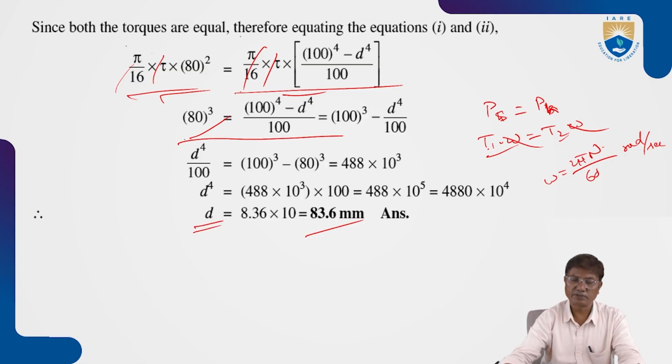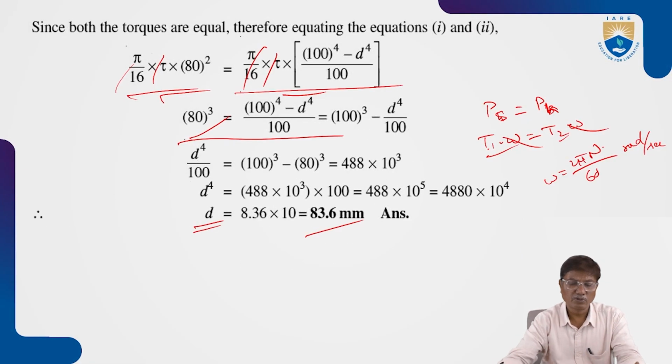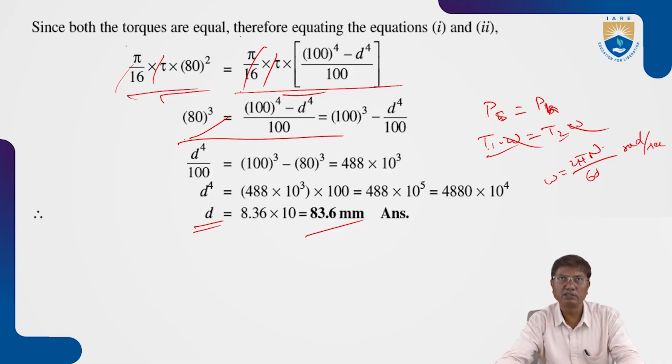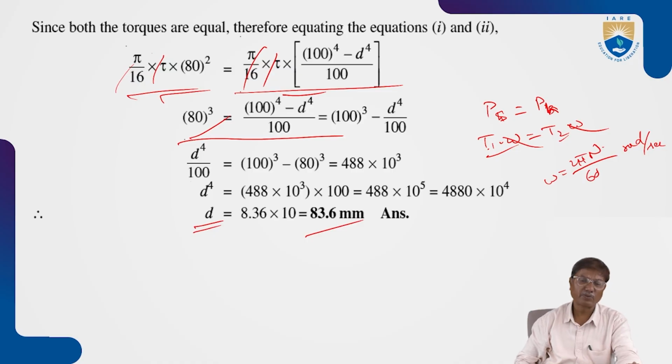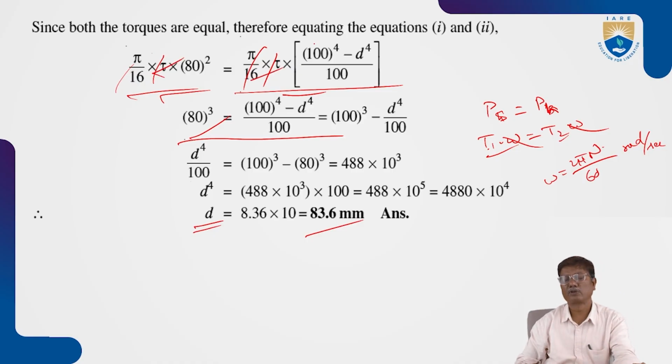That's all. We want to find out the inner diameter of hollow shaft to transmit the same power at same speed and same stress. Stress is also same, tau is same. This clear?